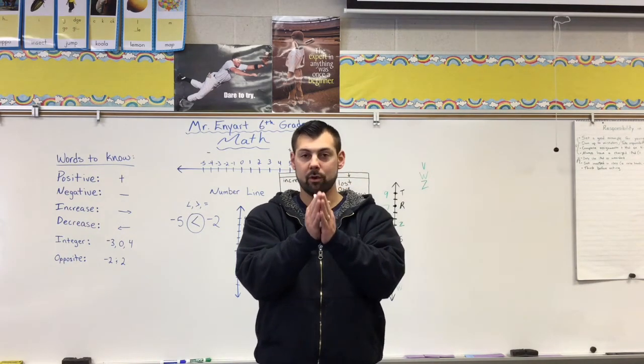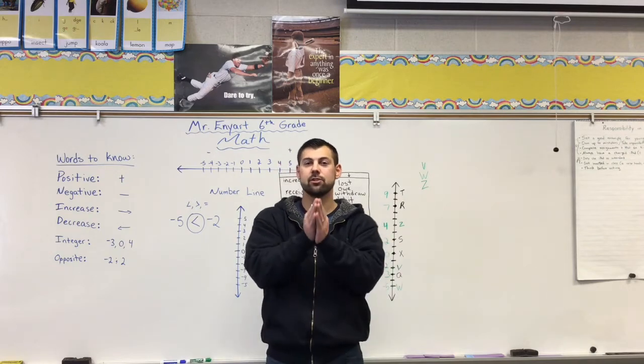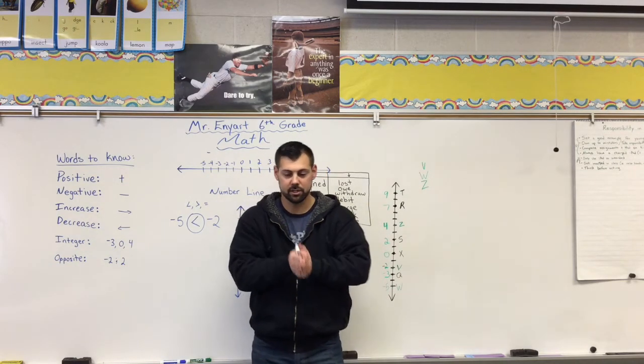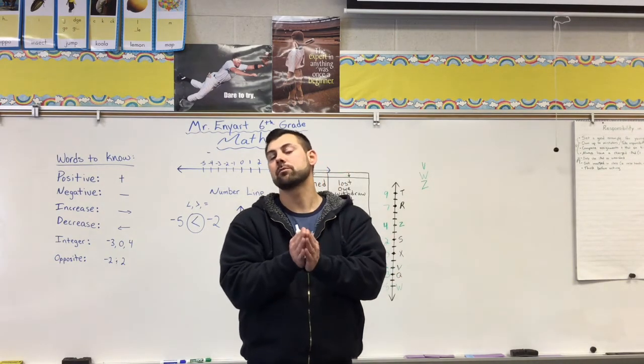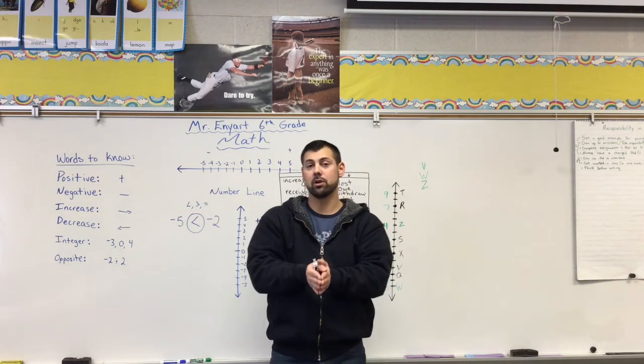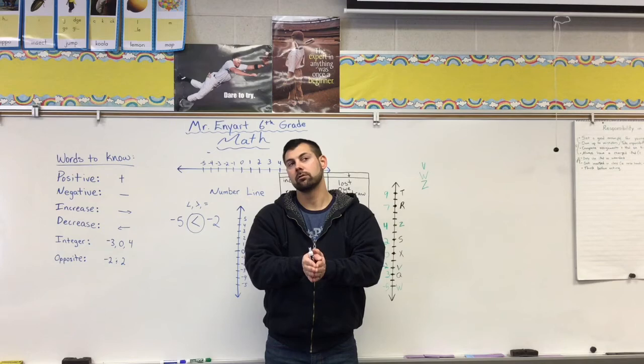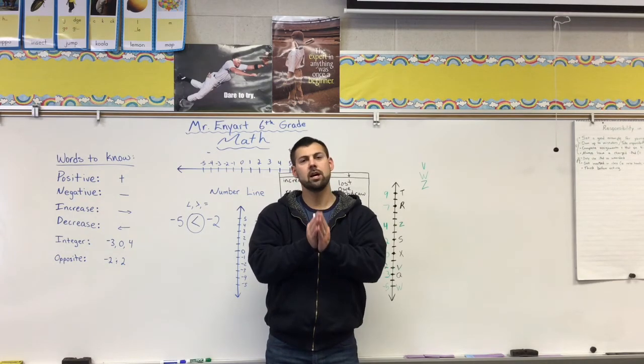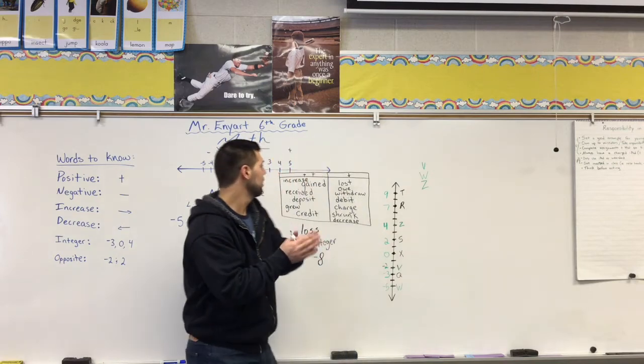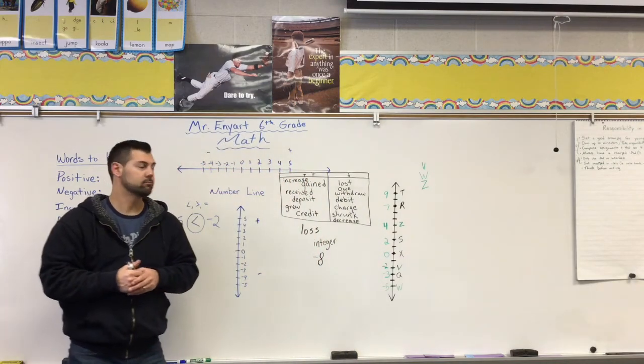And remember, when you add two opposites, you get 0. The sum is 0. And they are both the same distance from 0 on a number line. So what number can you add to 0 and get 0? What number is the same distance from 0 on a number line?